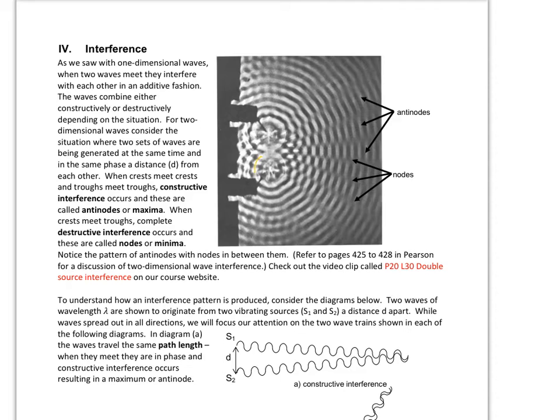So I drew my lines on my crests, moving outwards from my waves. Okay, so that's the crests from one wave, and then we have the crests from another wave moving outwards as well.